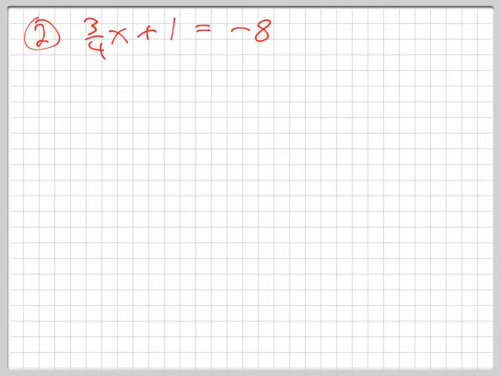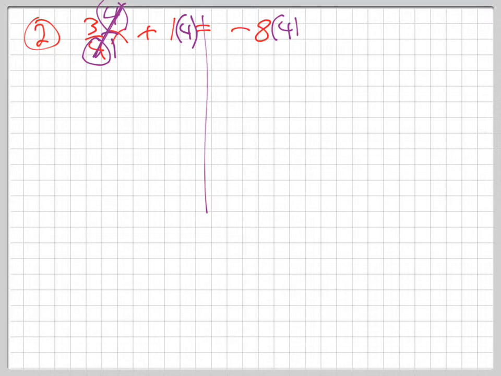Now for number 2, we're going to solve this equation. And so you know the drill. We got a fraction. What do we do when we got a fraction? Multiply through by 4 over 1, 4, 4. And these cancel, and so what comes down is 3x plus 4 is negative 32.